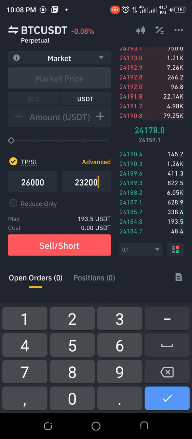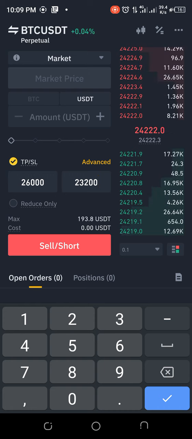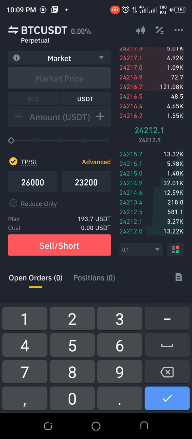So from there, whichever direction BTC goes, if it goes to 26,000 and you are not on your Binance app, it will take profit for you and stop the trade, and it will put your profit on your balance. But if BTC begins to dip, okay, this is a sell.